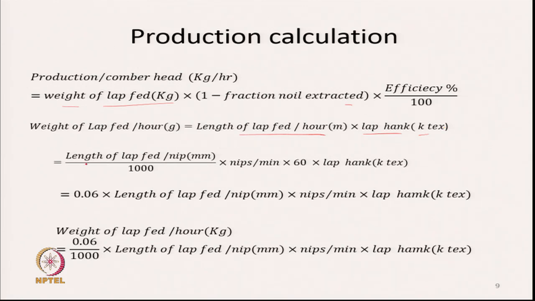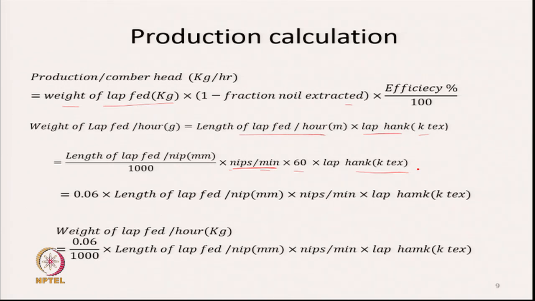If I know the length of lap fed per nip in millimeter, that divided by 1000 will give me the length of lap fed in meter, and then that should be multiplied by nips per minute, or the speed of the machine, into 60 for the hour, and then finally we multiply this by the linear density of the lap, or lap hank in kilotex.